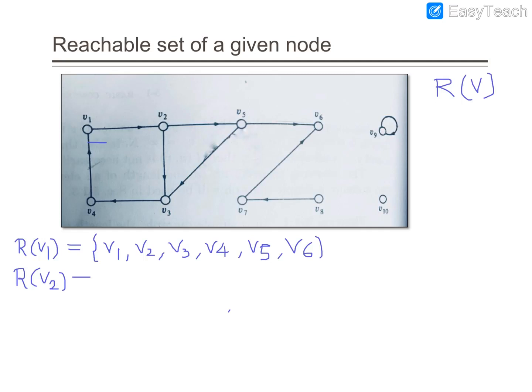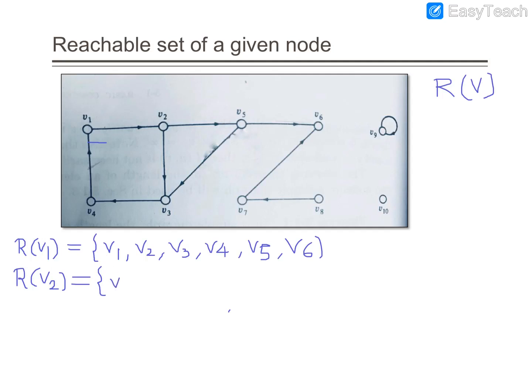Now the reachable set of vertex V2. V2 is reachable to V3. It is also reachable to V4. It is also reachable to V1. Using this path, it is reachable to V5 and up to V6. It is not reachable to V7, V8, V9 and V10.